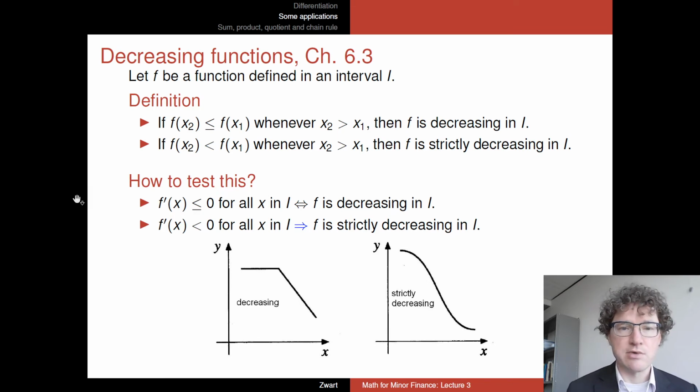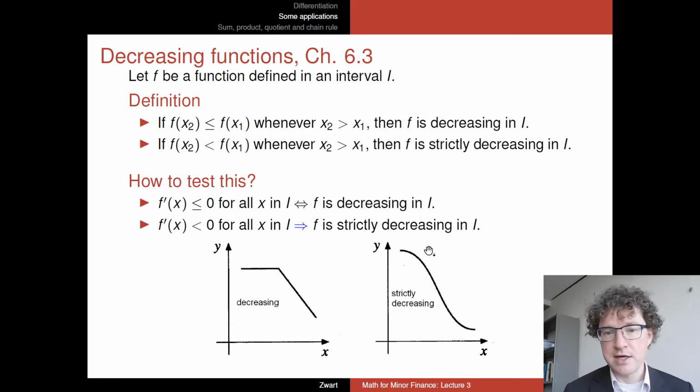And again, there's a similar relation between derivatives and f being decreasing or strictly decreasing. So if f prime is smaller than or equal to 0 for all the x's in this interval, then f must be decreasing, and vice versa. And if indeed we know that f prime is smaller than 0 everywhere, then f is strictly decreasing. But again, this is not a two-way relation.